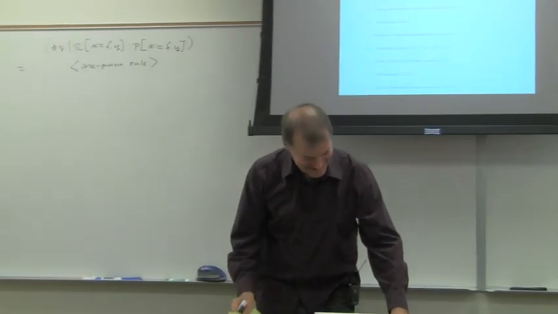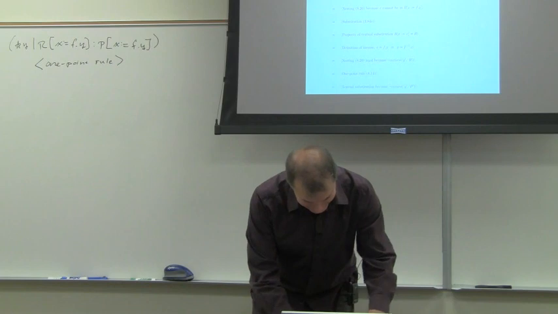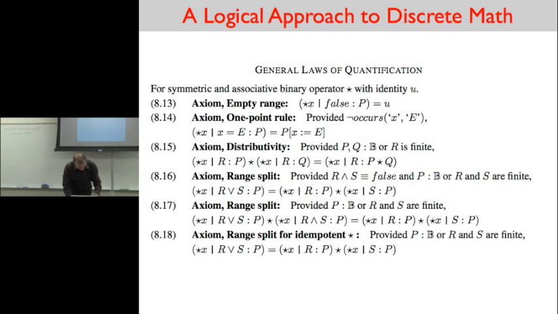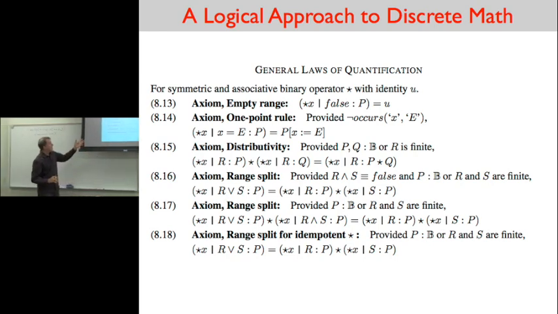Good question. It says that whenever you have an equals in the range, then that's P with x replaced by E. Remember we did an example of that?